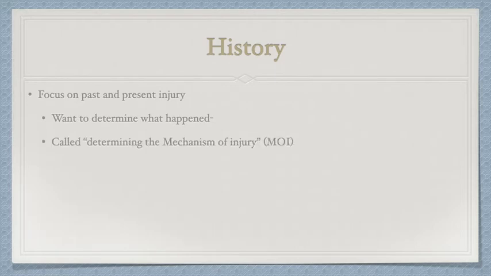And we call this determining the mechanism of injury, because for most injuries, especially in athletics, when I'm watching a sporting event on TV and somebody gets hurt, and I watch the replay and watch what happens to the body part, I can tell probably 90% of the time what injury has happened by just looking at what happened.